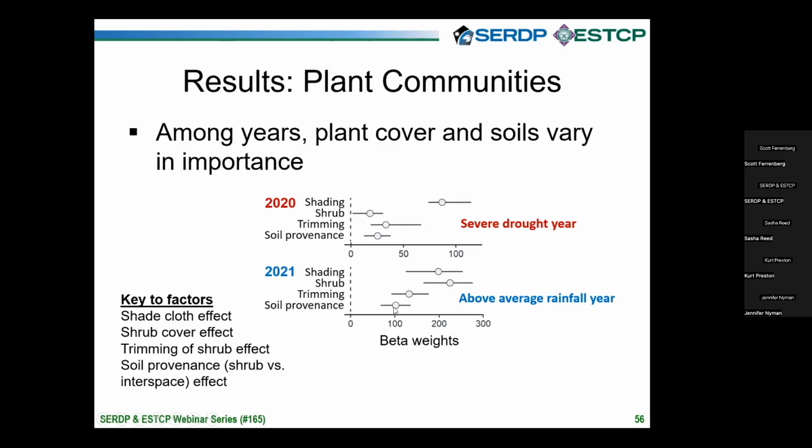And being in that shrub soil, regardless of where it is now, when we moved it around, is really good. And we should note the interval. If we put these on the same axes, everything from 2021 would sit far to the right of 2020. So everything exploded in a positive way that benefited the plant community when we added some moisture, showing us that it is important to consider the timing and duration of these experiments in these systems.